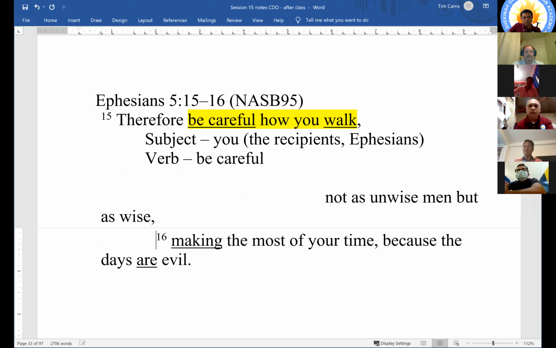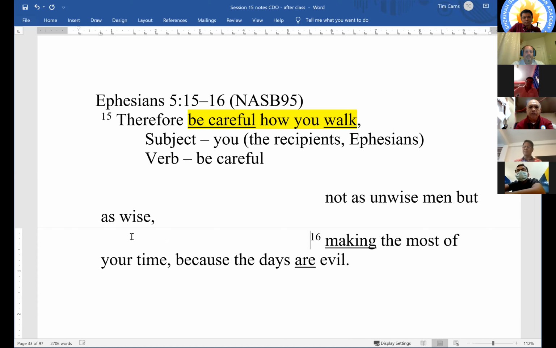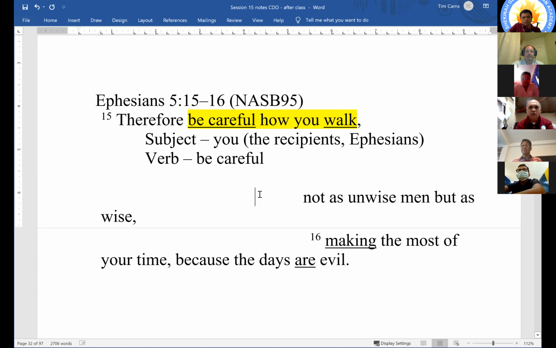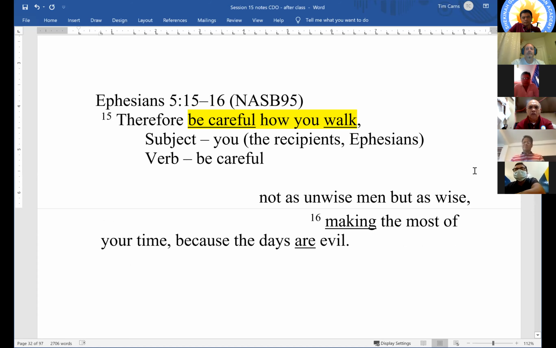That's why I'm indenting it under walk. So all of these, again, we have a phrase here because there's no verb. There's no verb here. And we have clauses here.